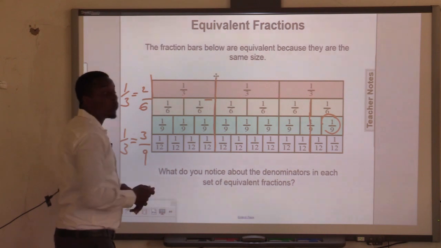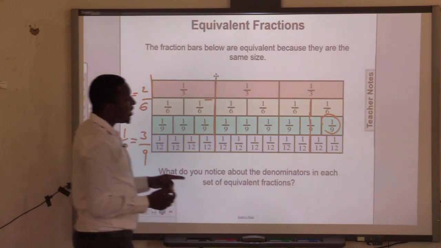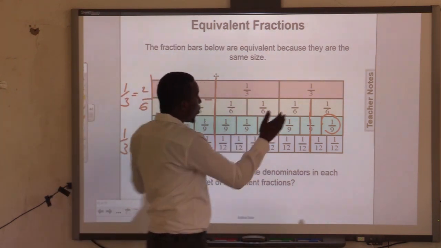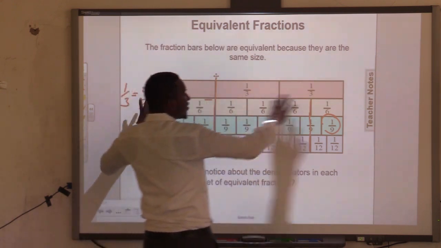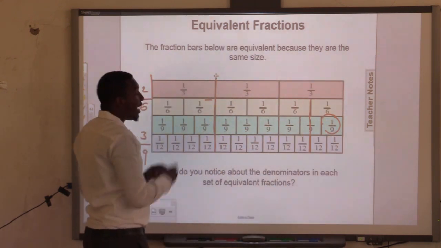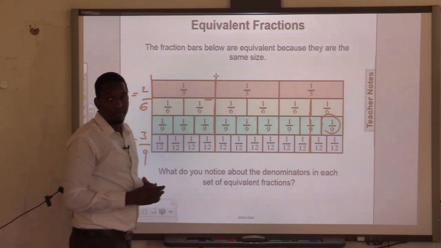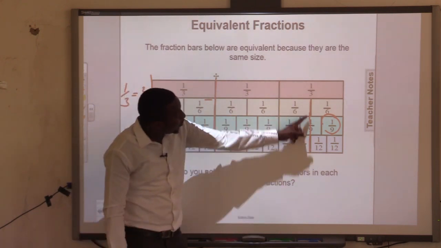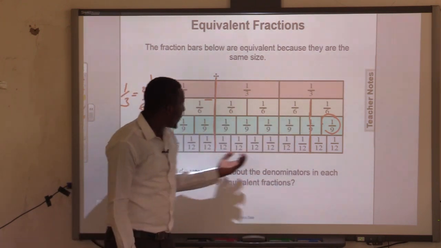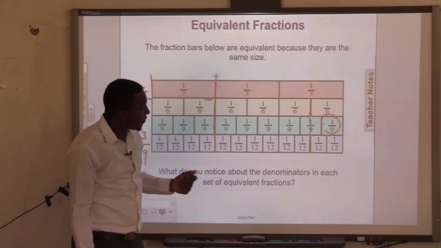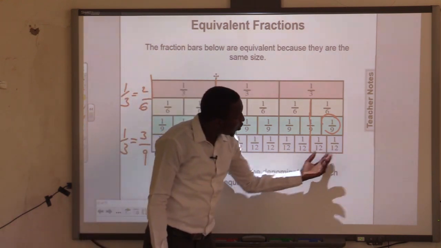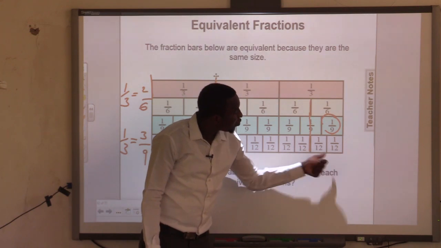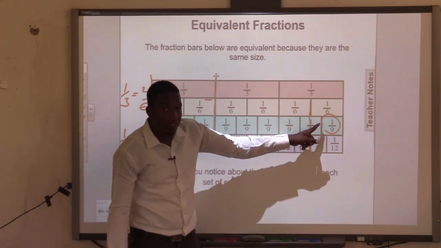So each part is 1/12. We are trying to compare that with a whole that is divided into 6 equal parts, and each part is 1/6. So if you do the direct comparison, you realize that you will add 2 1/12s to give us a 1/6.